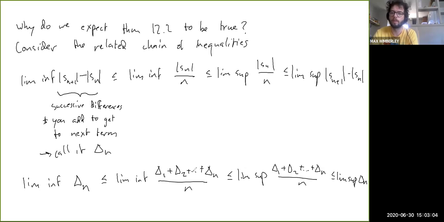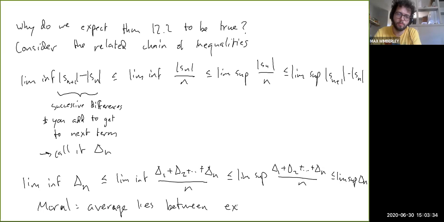It should make intuitive sense that the average of a collection of data lies somewhere between the two extremes of how that data behaves. That's the moral: the average lies between extremes.